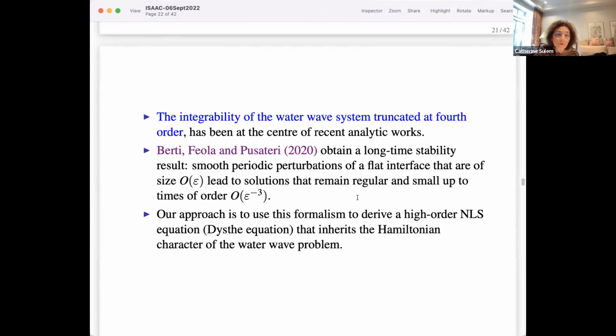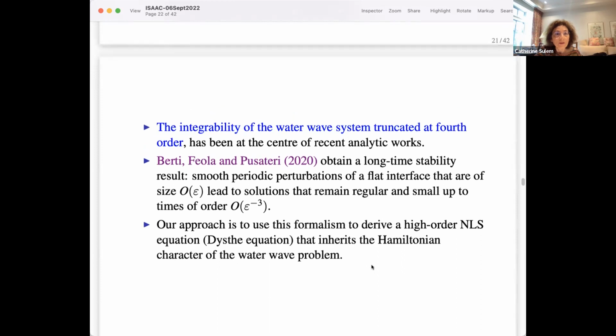They started with a water wave problem, zero vorticity, deep water, with a small initial condition, in a periodic setting. The smallness of the initial condition is of order epsilon, and they proved that the solution remains smooth up to order epsilon to the minus 3.